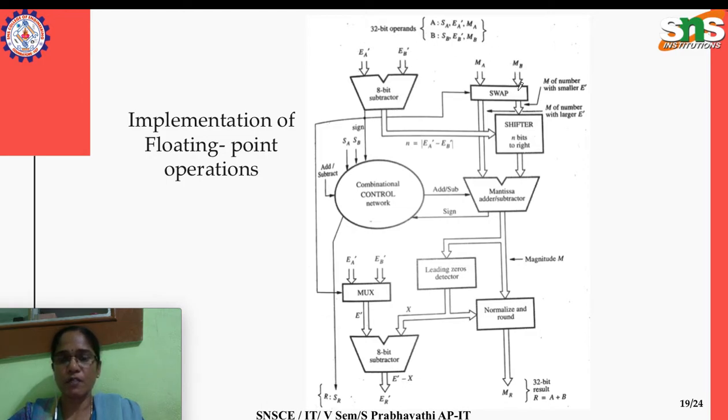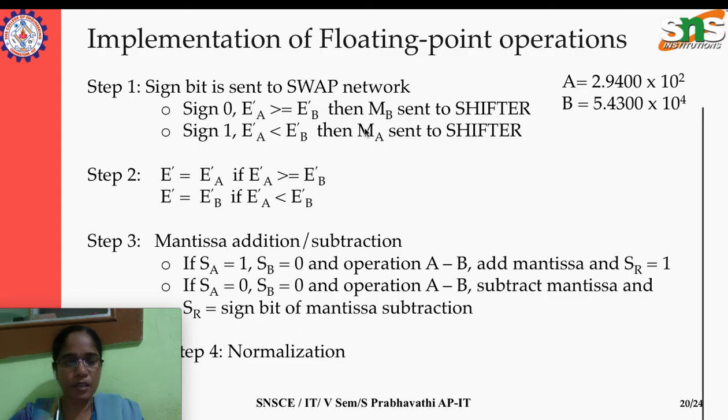So that will be given to the shifter. What happens if the sign bit is 0? So 0 means mantissa A is the... I think yes, here 10 power 4 minus 10 power 2 is a positive number, is it not? So positive, I am a bit confused.